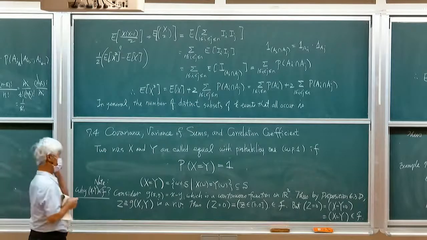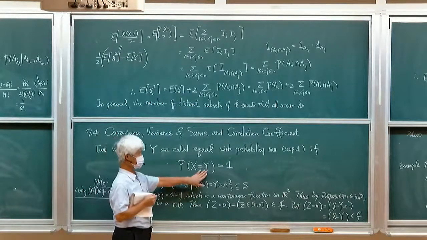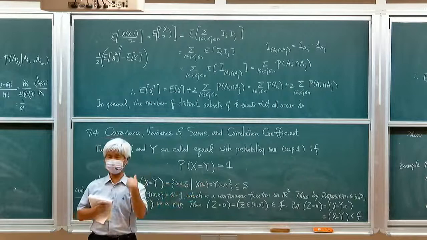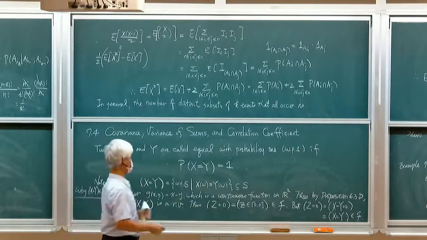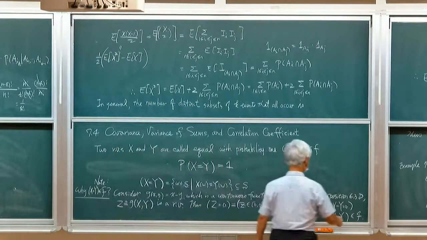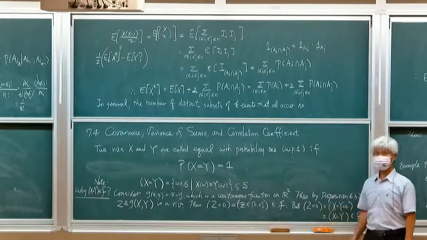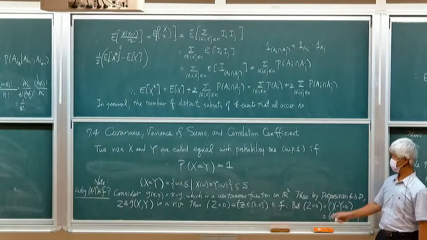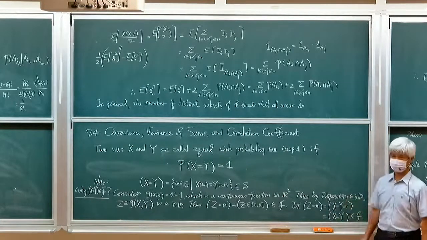And x equal to y is actually x minus y equal to 0. So it's an illustration for you to use proposition 6.3.d.